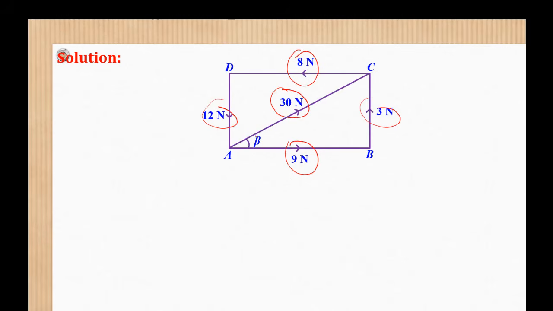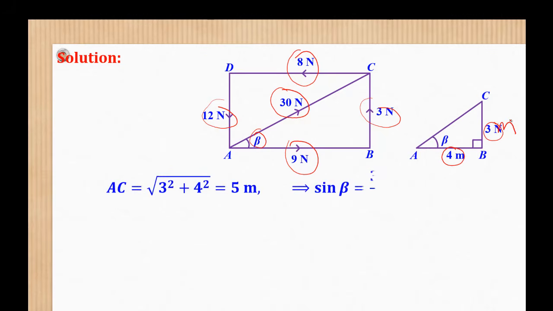Because it's a rectangle, this angle is not 45, it's any angle which you don't know, but you can get it by using sides. So sides, we know that AB is 4 and BC is 3, so this is 3 meters. That means that by Pythagoras theorem, AC would be 5 meters, so sine beta would be opposite over hypotenuse, cos beta will be adjacent over hypotenuse, to give you that.